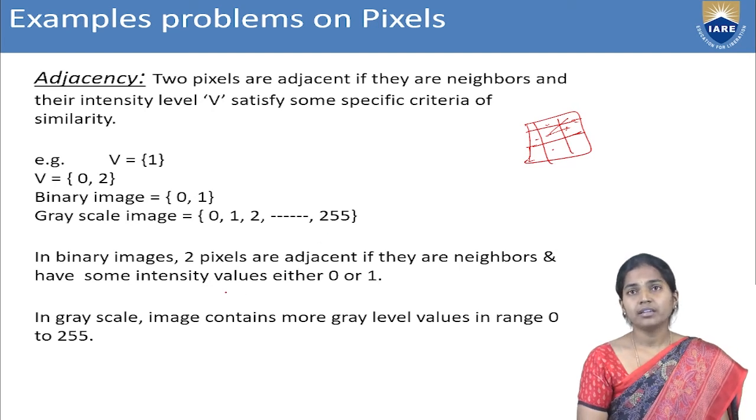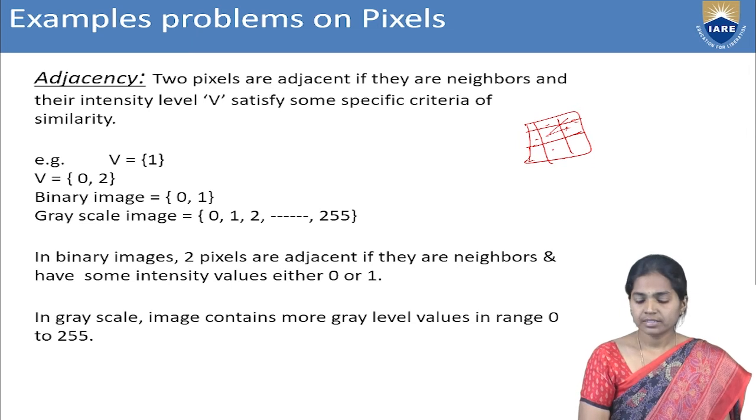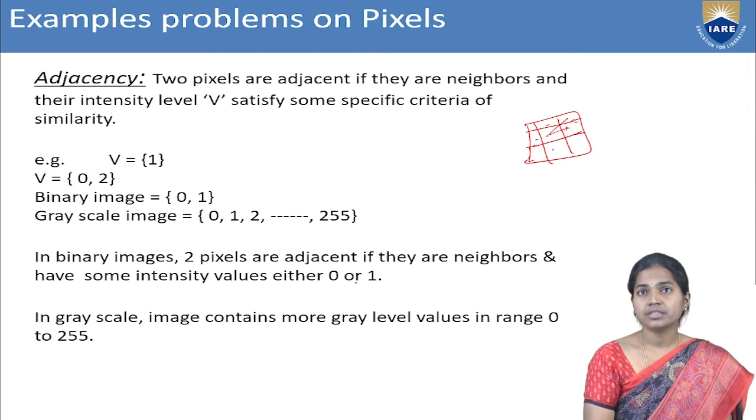In binary images, 2 pixels are adjacent if they are neighbors and have the same intensity values, either 0 or 1.